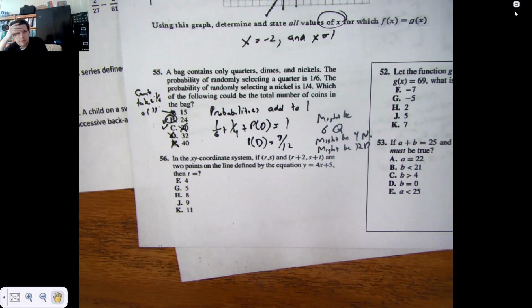I wonder if there's an easier way to do this other than pure substitution. Yeah, there is. Boy, that's hard to explain.